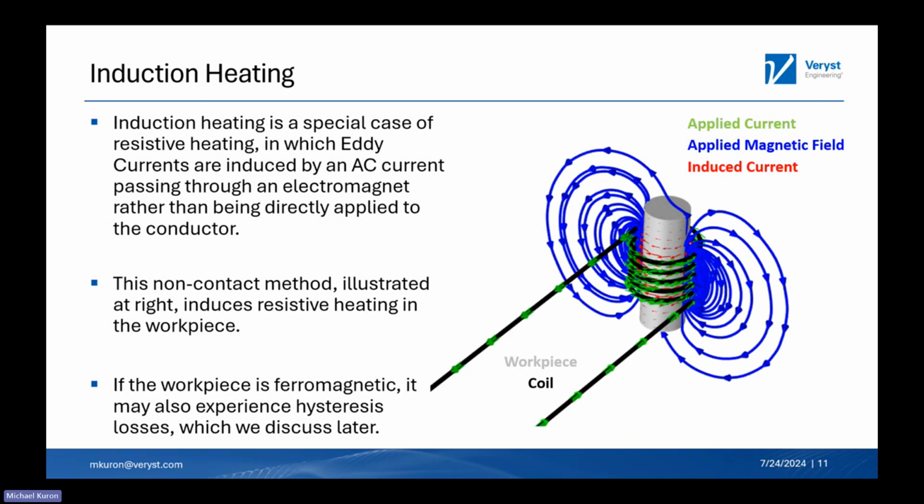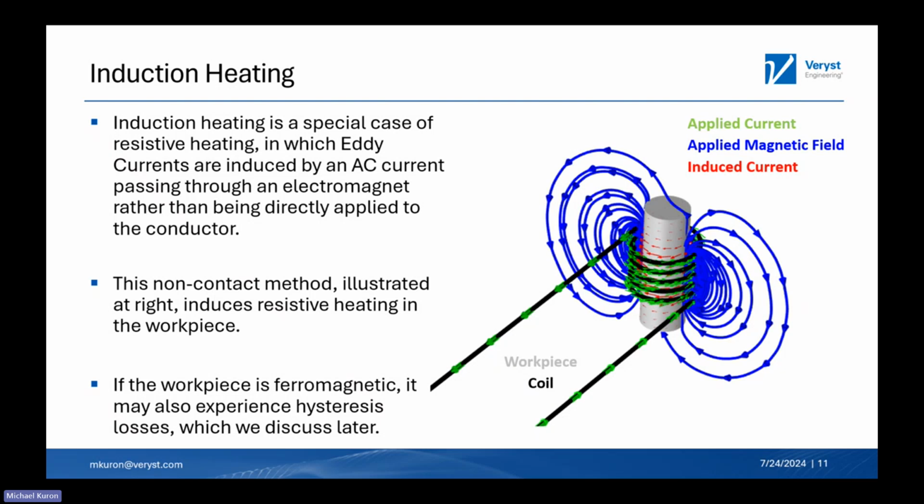The second mode is what we call induction heating, and this is really a special case of resistive heating. The reason we say that is that we are still generating heat in much the same way, in that we're inducing a current in the workpiece, which we show in gray on the right. But the way that we do that is a little bit different than in the previous example. In the previous example, we applied an electric potential across two ends of a conductor. In this example, we use a non-contact method whereby we pass current through a coil that surrounds our workpiece.